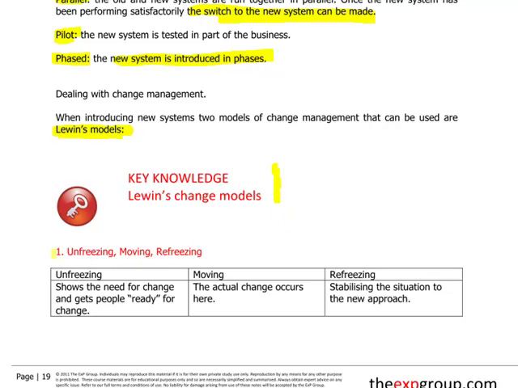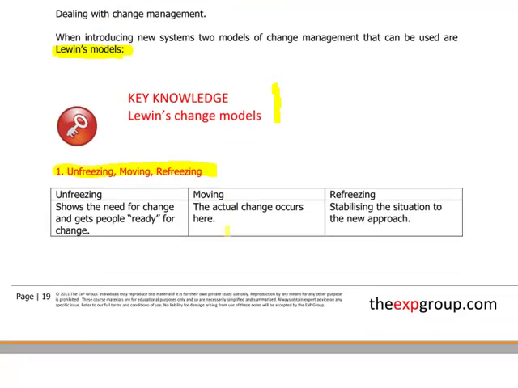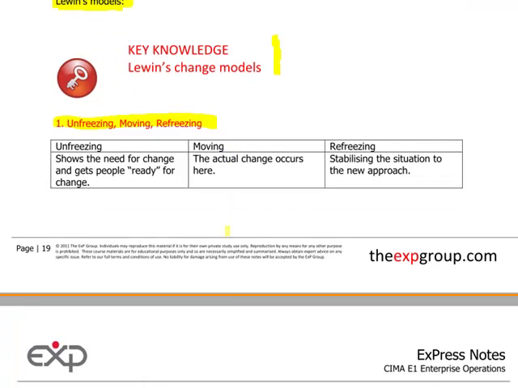His first one that we're going to look at here is all about unfreezing, moving and refreezing. The topic of discussion here is almost saying, how would you theoretically move an iceberg, for example? If you had a big lump of ice, how would you move that? Well, you would unfreeze it, you'd move it, you'd refreeze it.